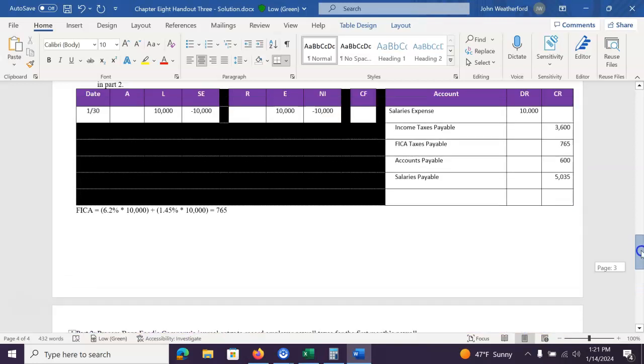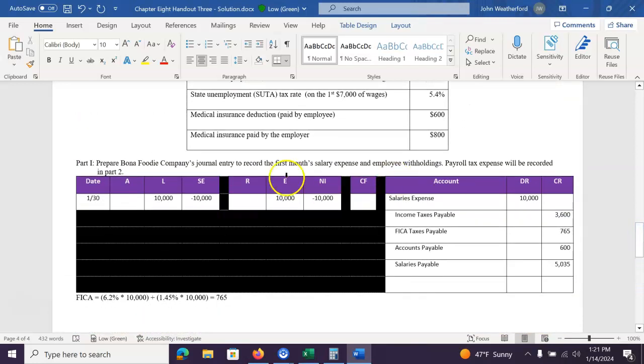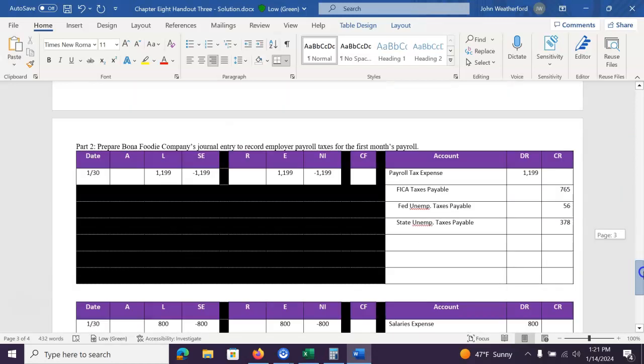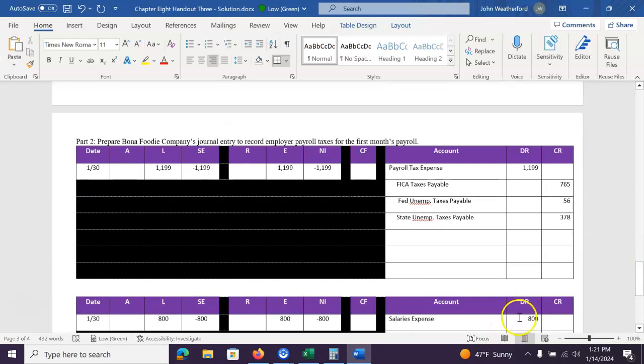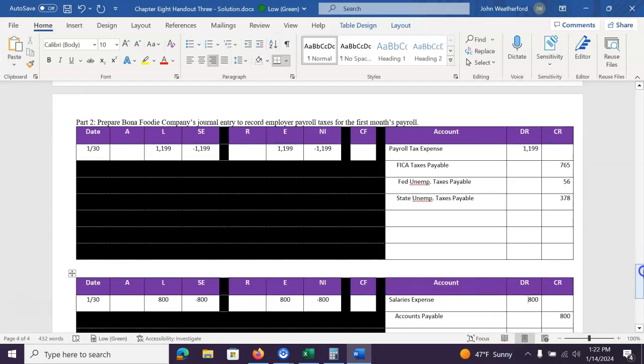All right, and now we want to record an entry to record the medical insurance paid by the employer. Well, you guys, that's part of salary expense for the employer. And we credit accounts payable, and again, that's going to be going to an insurance company. A common one, again, is Blue Cross Blue Shield.